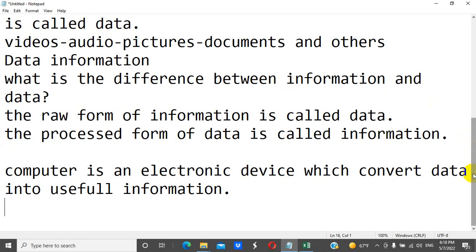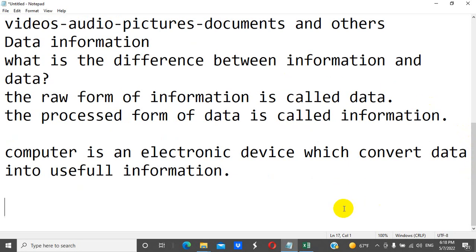Now I'm telling you what we will study during our series. First, we are studying computer basics. In computer basics, we will learn what a computer is, how it works, what parts it is made from, which parts a computer has, what a processor is, what the storage of a computer is, how many types of storage we have, and which computer is best for which type of work we need.